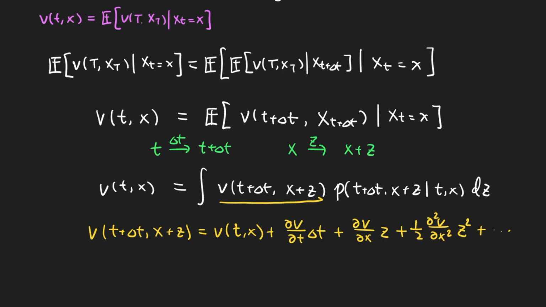Now we can just plug this equation into the integral, and then we separate out the terms directly. So we'll have v of t and x times p. For simplicity, I'm not going to write out all the arguments inside p. We know that it's a transition probability.